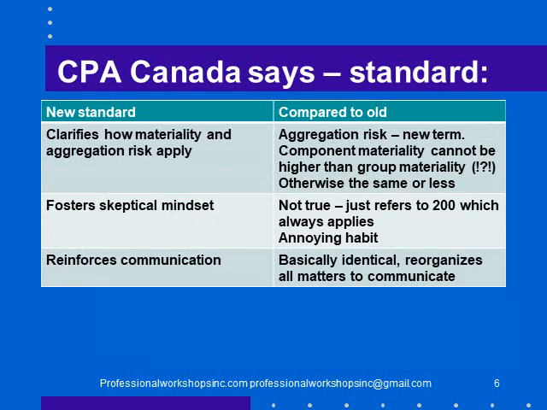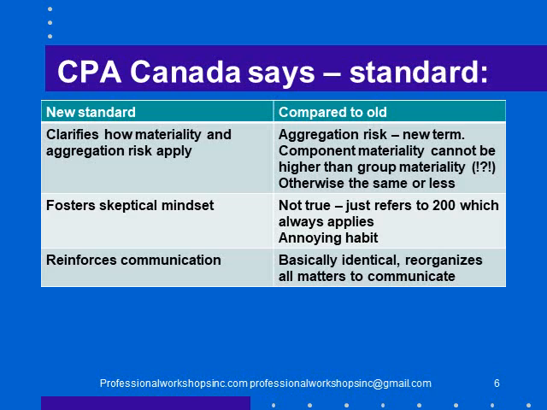It clarifies how materiality and aggregation risk apply. Now they've introduced a new term, aggregation risk. It's a new term. And what it really means is that you cannot set component materiality higher than group materiality, which I think would have been obvious before.